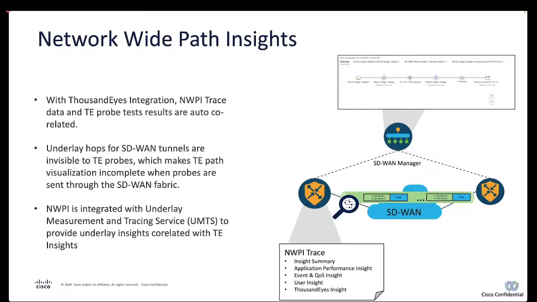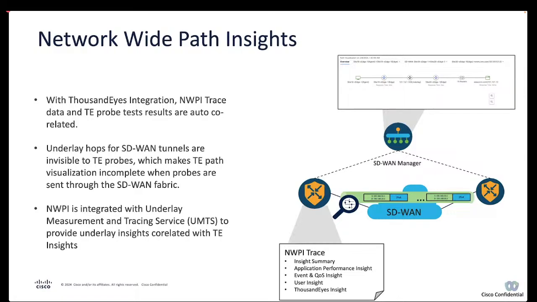So with this release, 20.14, we have integrated the ThousandEyes portal with SD-WAN Manager and Network-Wide Path Insight, which presents the test results from the Cisco ThousandEyes Enterprise Agent, and includes the information in the flow results for you to review and analyze. So now with this enhancement, you also have visibility into each of the hops between the two SD-WAN routers, which are on two different sites.